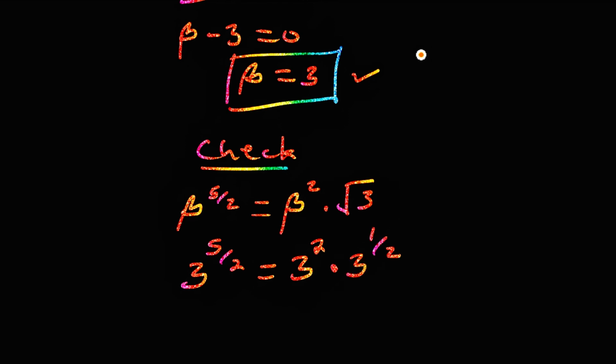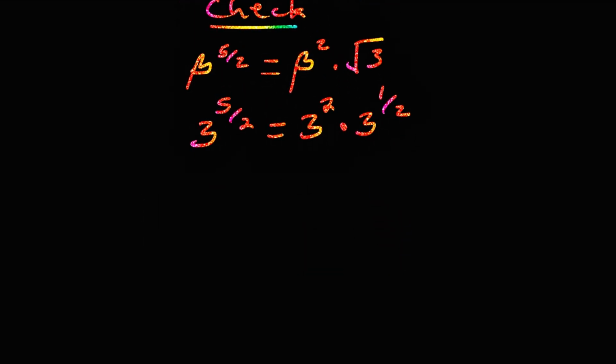So we can apply laws of indices on the right hand side. Remember, if you have a raised to the power n, multiplied by a raised to the power m, then that is the same as a raised to the sum of the two powers.